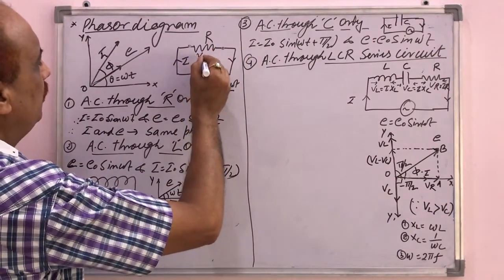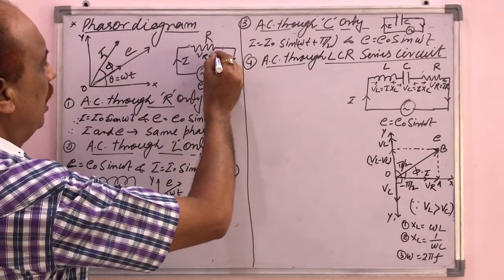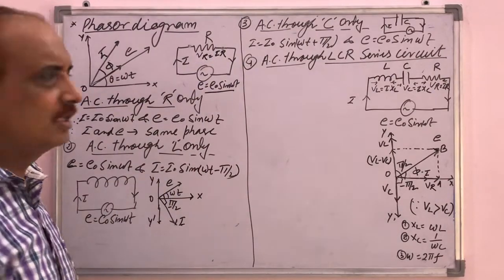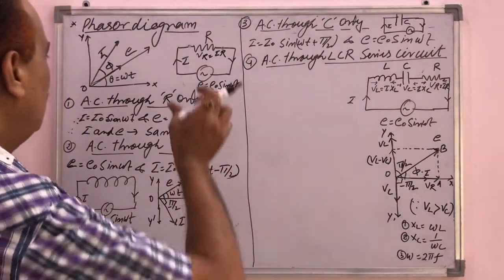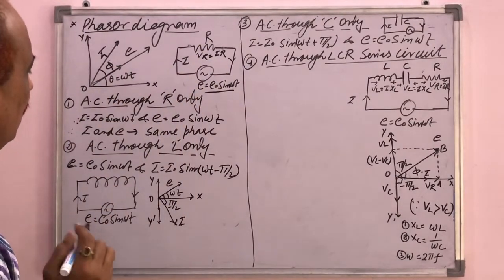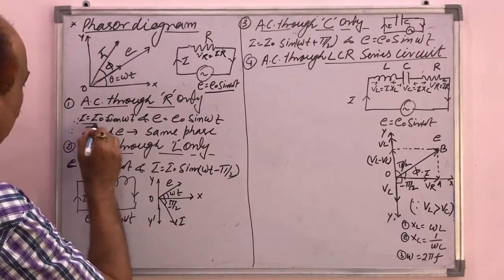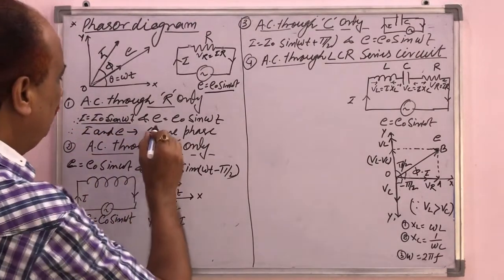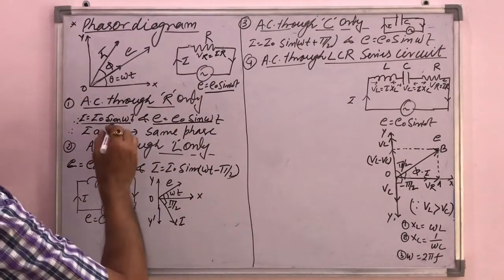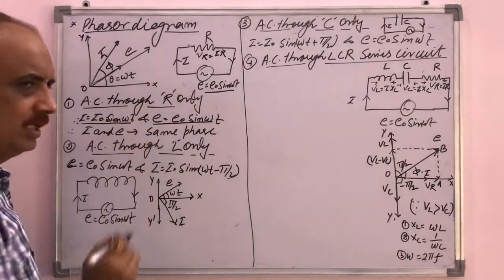Say it is VR, and according to Ohm's law VR equals I into R. VR is the potential produced across the resistor. When we find the value for the current and EMF, the current will be I equal to I naught sin omega t, and E will be equal to E naught sin omega t. In both situations, the angle for I and for E will be equal to omega t.